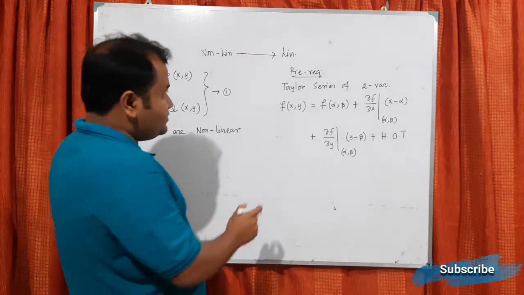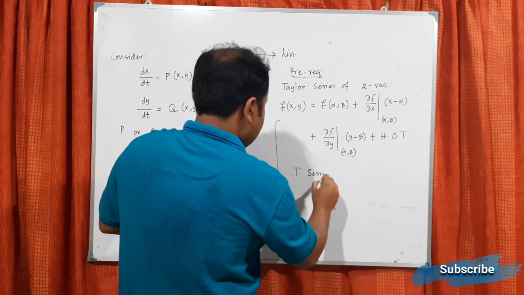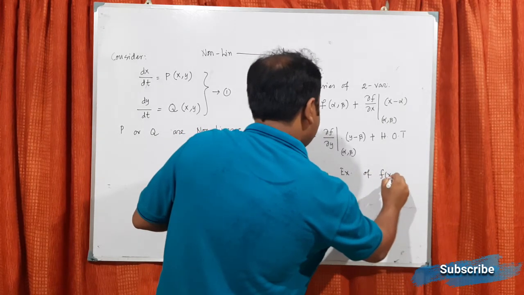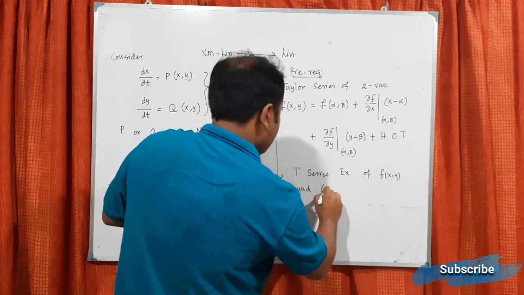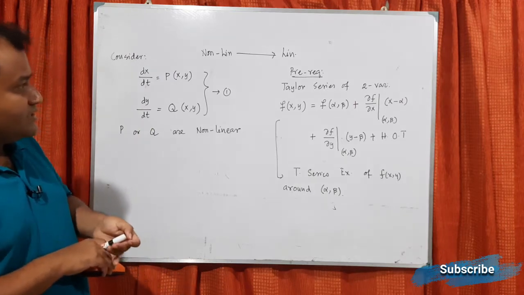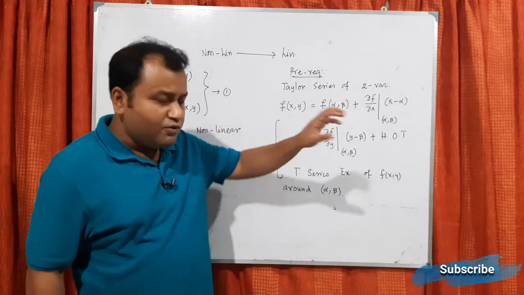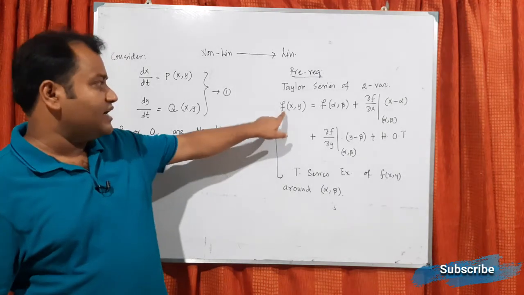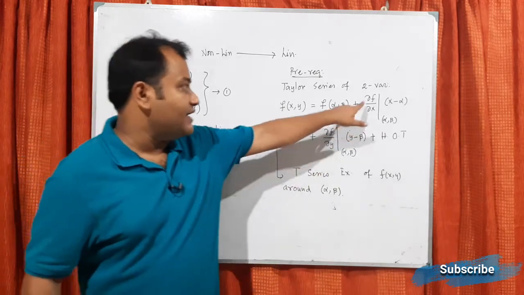This is the Taylor series expansion of f(x,y) around alpha, beta. Now let us understand what we have written. Suppose alpha, beta is a point and we want to expand the function f(x,y) in terms of alpha, beta and the derivatives at alpha, beta.